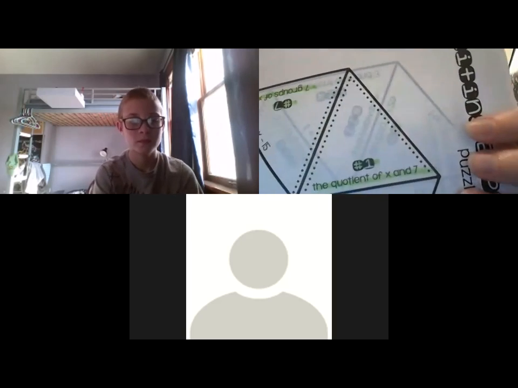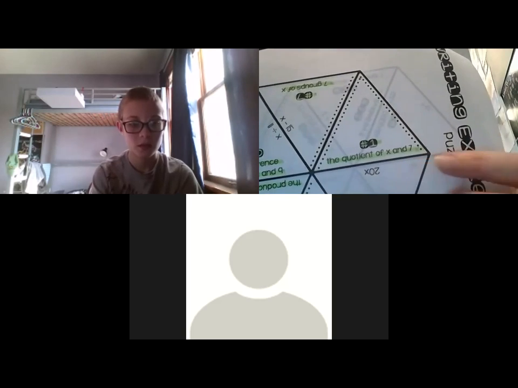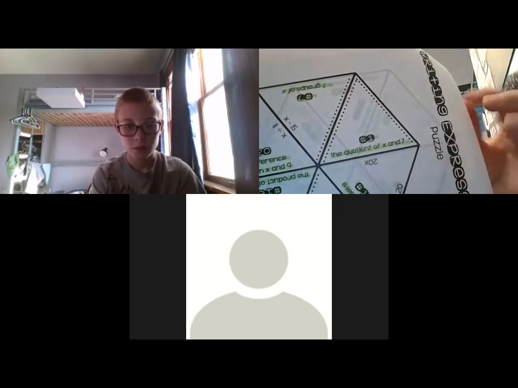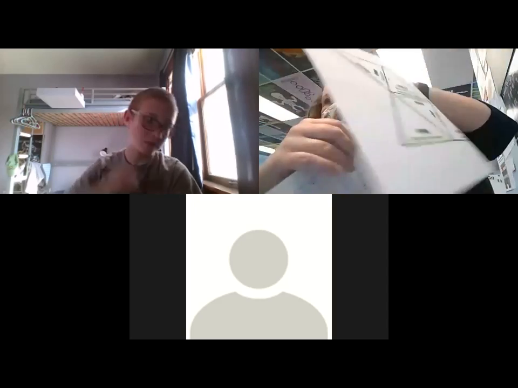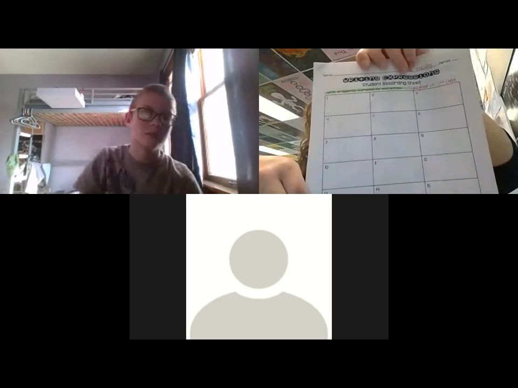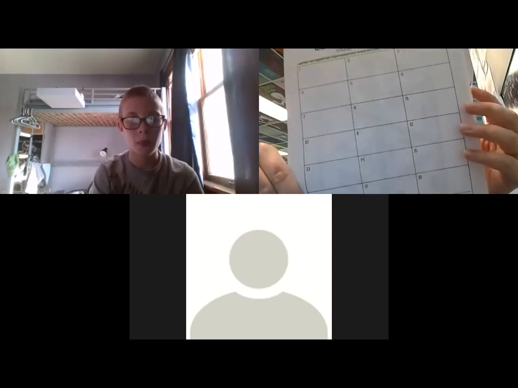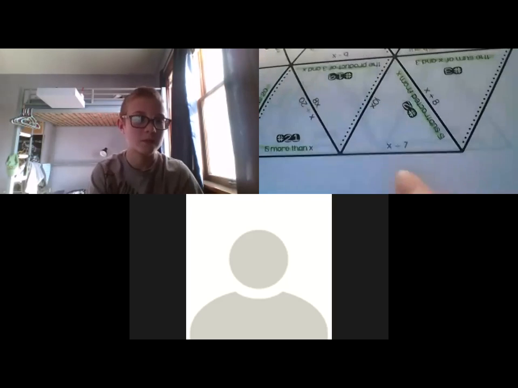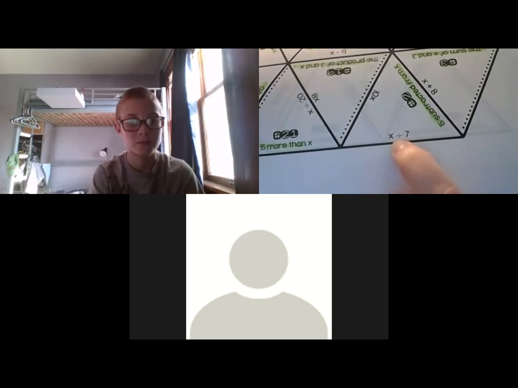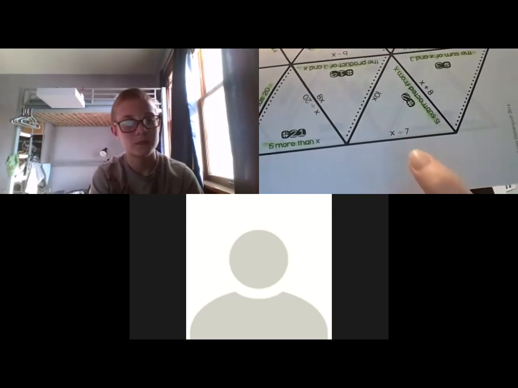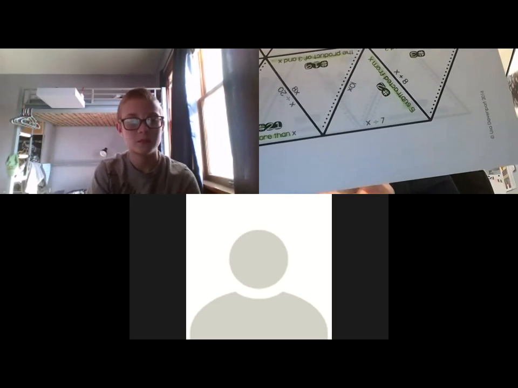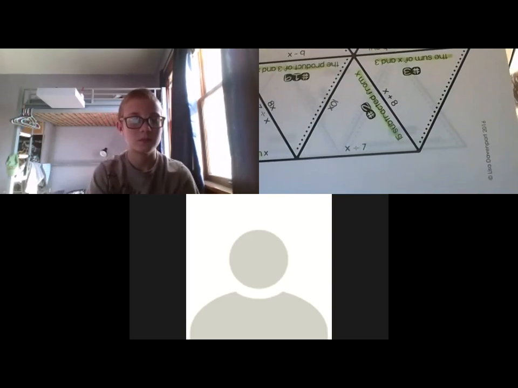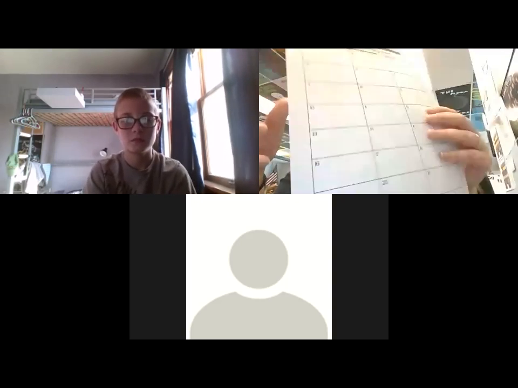So this here is number 1 that they just did, the quotient of x and 7. So when you figure out how to write that, you can just write it on this sheet of paper. And if you want, you can find that one is x divided by 7. Every possible answer will be on here and you'll use them once. So if you figure out, oh, x divided by 7, that's what I want it to be, you can cross it out and that'll help you answer them all too.